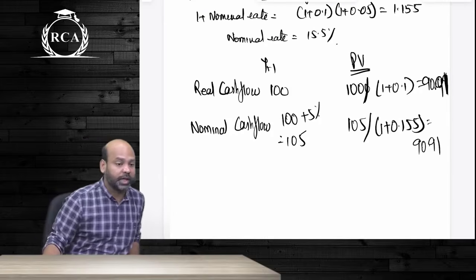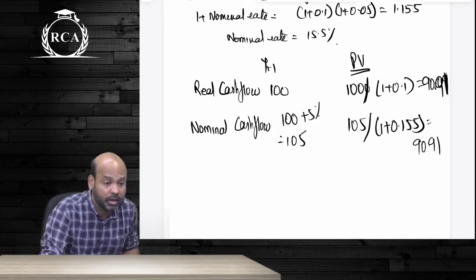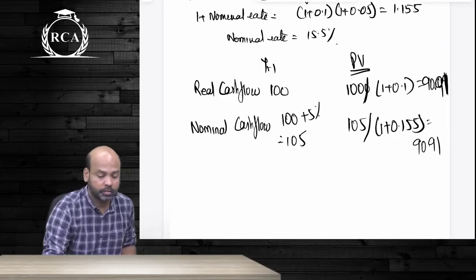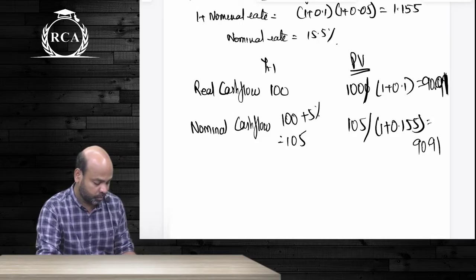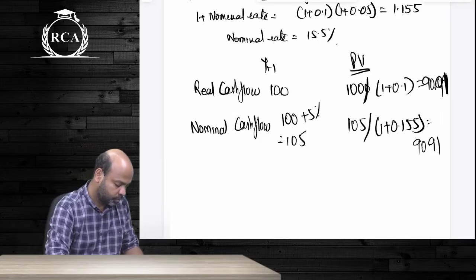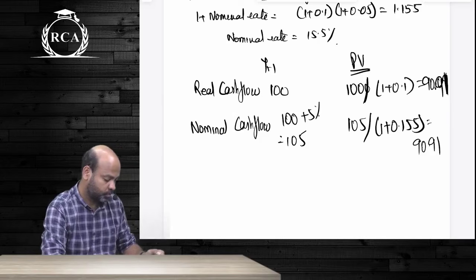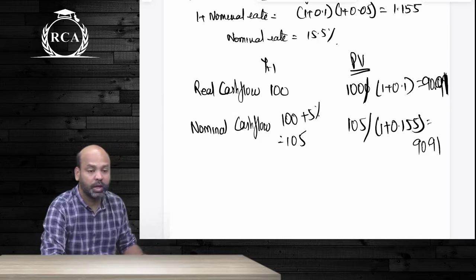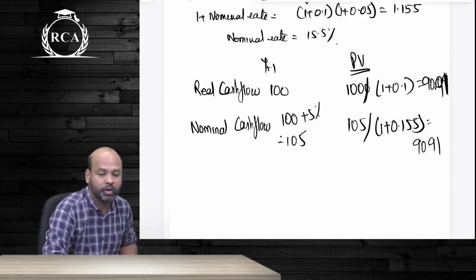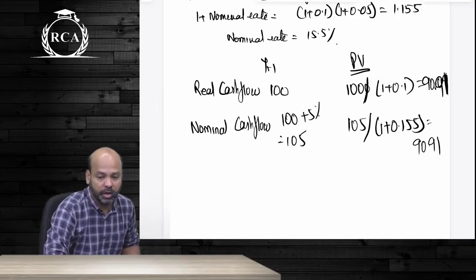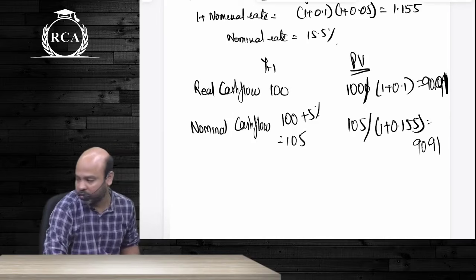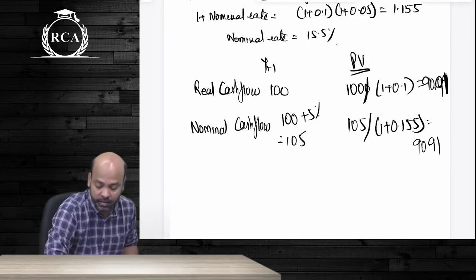To tell you that whether it is real cash flow or whether it is nominal cash flow, beta, the present values should remain the same. Write below, guys: whether it is real cash flow or nominal cash flow, the present values should remain the same.